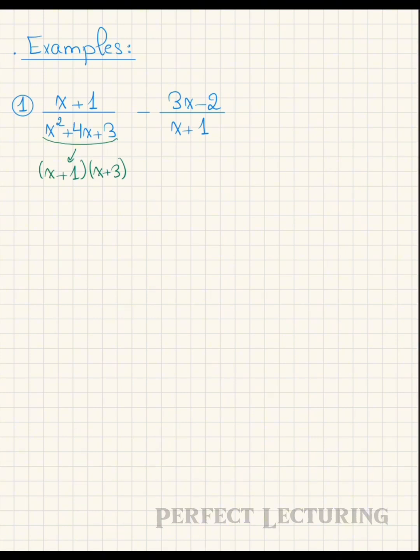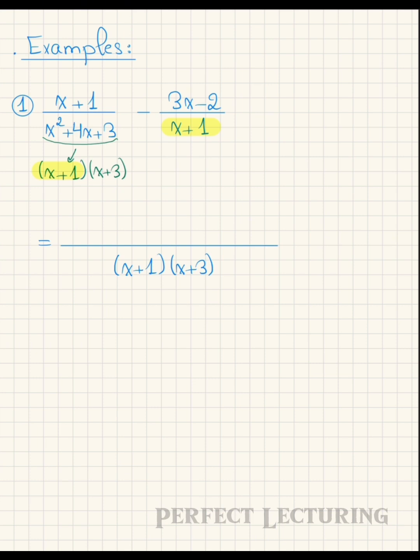All right. Now what is step number 2? You have to find a common denominator. And it has to be the least common denominator. So we have x plus 1, a common factor between the two fractions. So I write it once, as well as x plus 3. So that is the least common denominator.